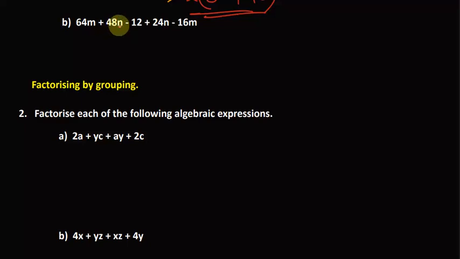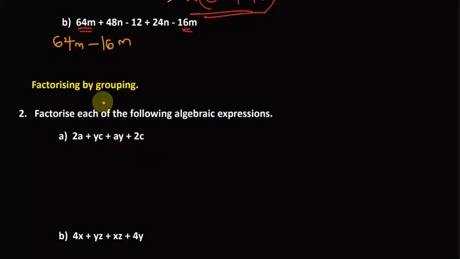64m plus 48n minus 12 plus 24n minus 16m. Those with m together, so we have 64m and 16m. We will start with 64m minus 16m.